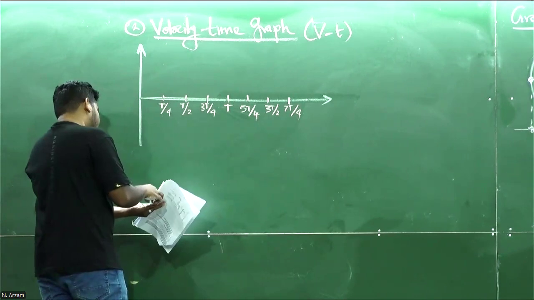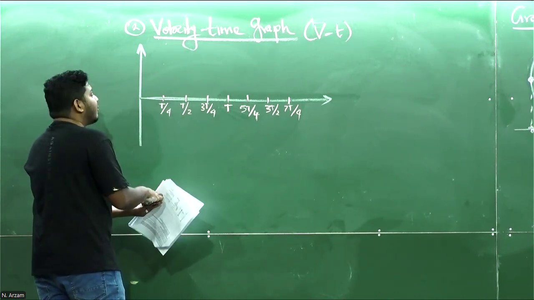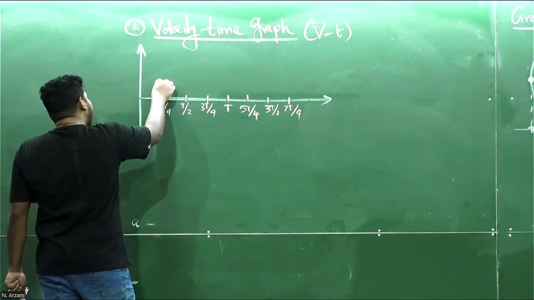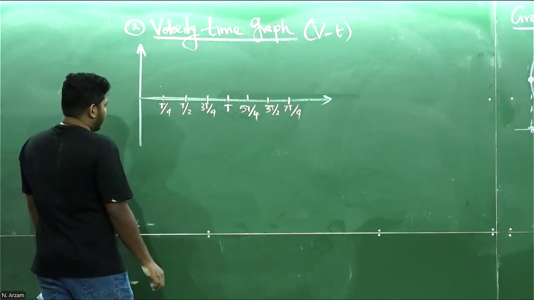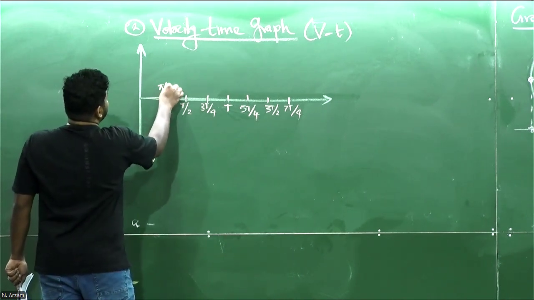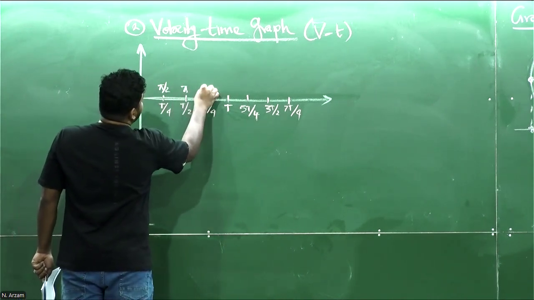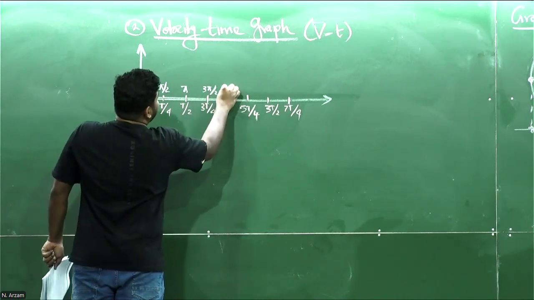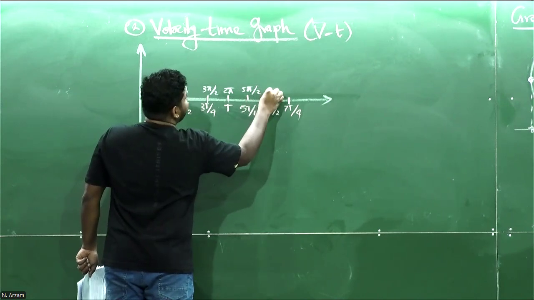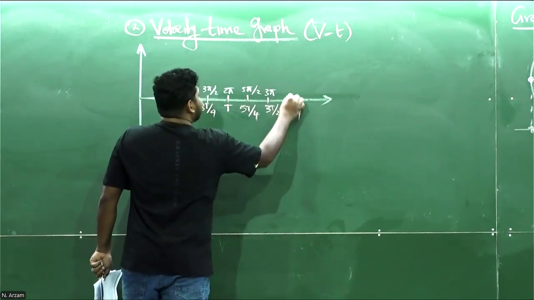Okay, right. So let's write down the phase angle related to this time period. So pi by 2, 2 pi by 2 is pi, 3 pi by 2, 4 pi by 2 is 2 pi, 5 pi by 2, 6 pi by 2 is 3 pi, 7 pi by 2.